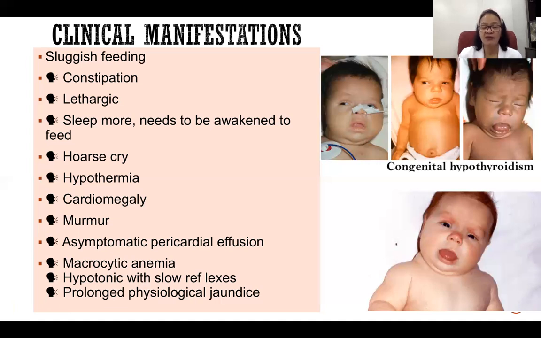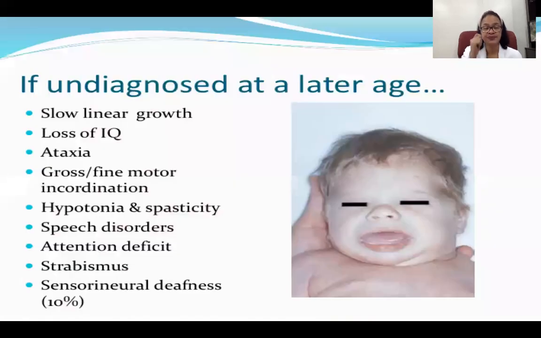So you have to consider that, no, that's one of your differential diagnoses. So what will happen if an infant is not diagnosed until a later age? This could be the sequelae.